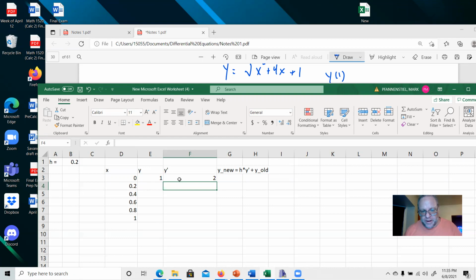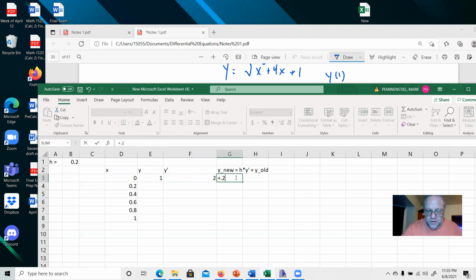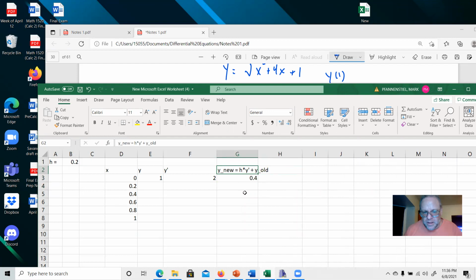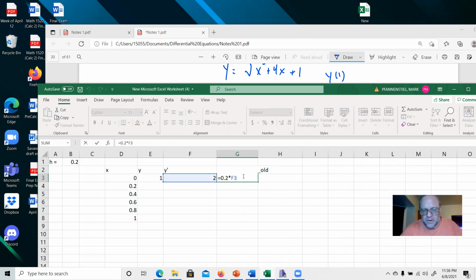So that's my Y tick, right? And then we're going to have plus 0.2 times this previous cell. Okay. And then our Y old. Oh, I didn't do it that way. I just did the whole thing. Okay. So let's keep going. Okay, that's F2 to edit a cell. So that's H times Y tick plus our old one.